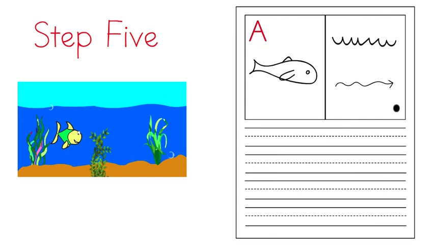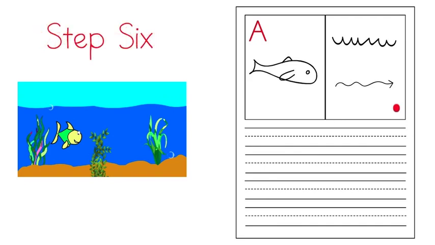A. Yay! We have the capital at the start of our sentence. Next, go to the end of our sentence. A fish swam in the sea. Trace the period. Yay! We have our period. That tells us where the sentence ends.